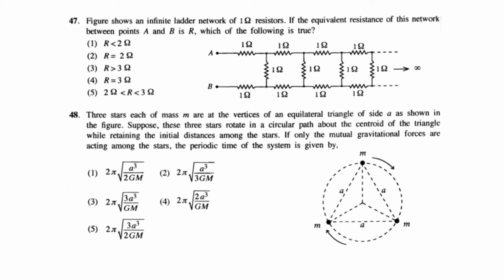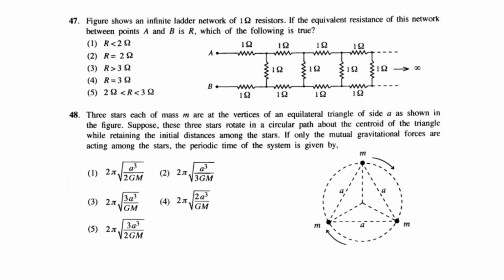Then we have 2 times G m divided by A square cos 30 equals A divided by 2 cos 30 into omega square. By that we get omega square equals 4 G m cos 30 square divided by A cube.